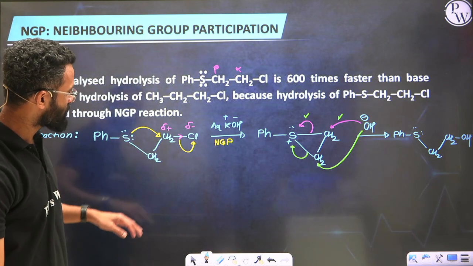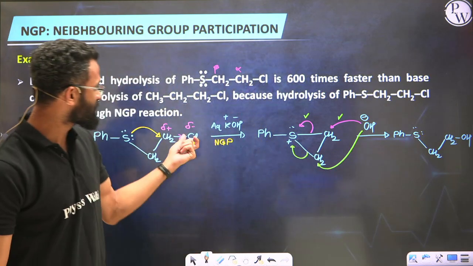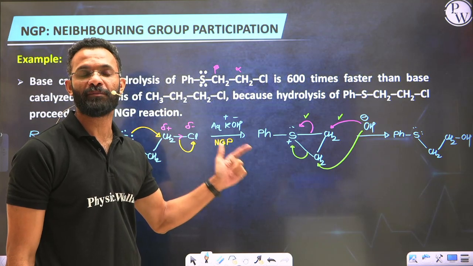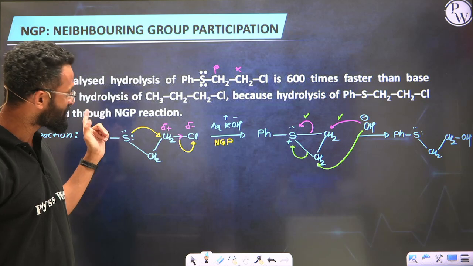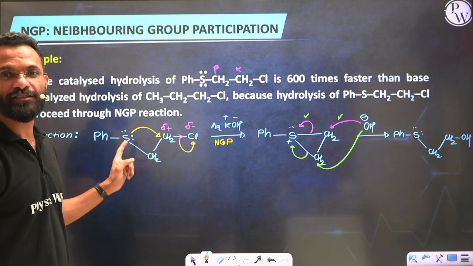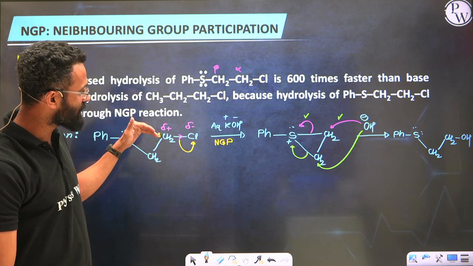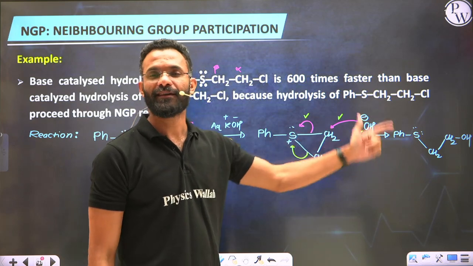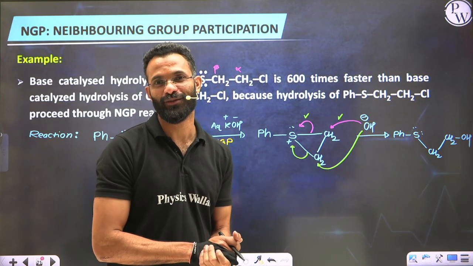So now you see the product. You have got OH here in place of Cl. So this is a nucleophilic substitution only. But this reaction has taken place 600 times faster than if there wouldn't have been this sulfur over here. So the role of sulfur is very crucial. That itself is participating in the nucleophilic substitution reaction to form a cyclic intermediate and then giving you the corresponding product. Now some important feature that we have to understand here.